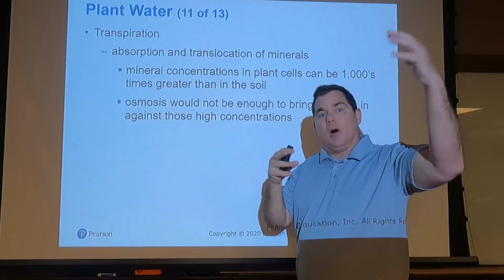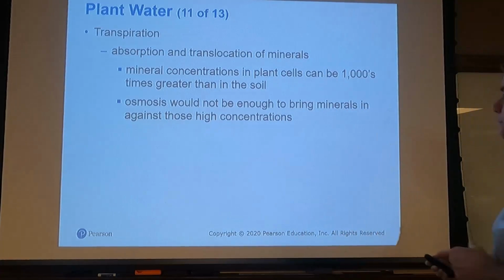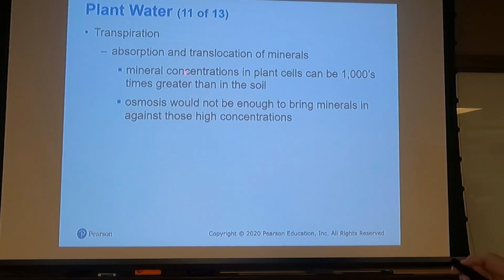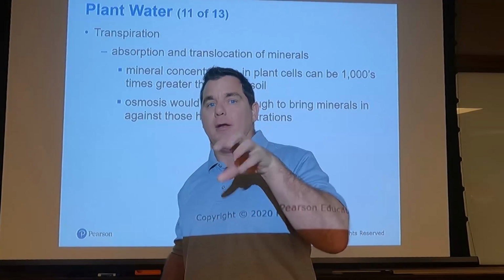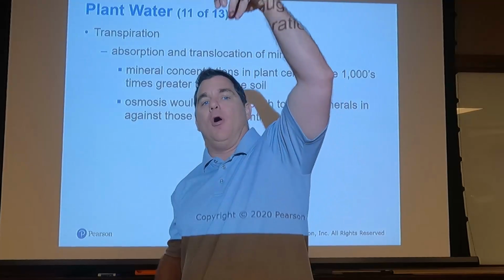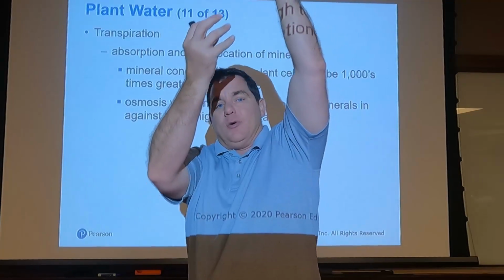So that's that osmotic effect. To go against osmosis, we need that absorption and translocation of minerals through that water uptake and transpiration. We couldn't just draw the nutrients in just a little bit. We need to make sure that it is pulling them all the way up so that it's a continuous system.